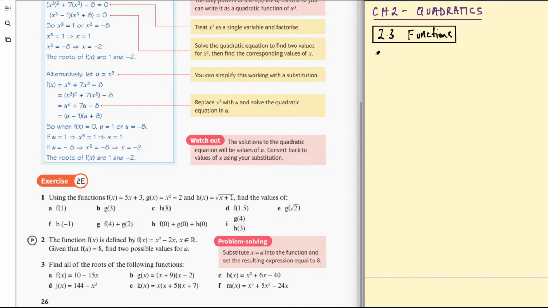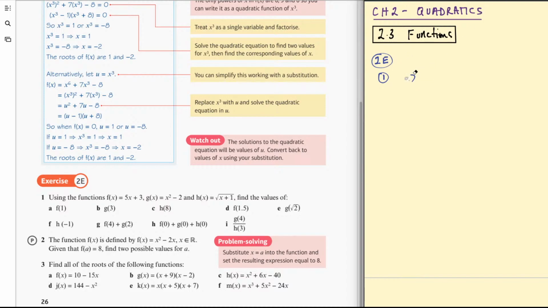On to exercise 2E then. Some practice with functions. So here we're given the functions and we just have to find the values of certain inputs. So let's do C, D, and E. So 1A.